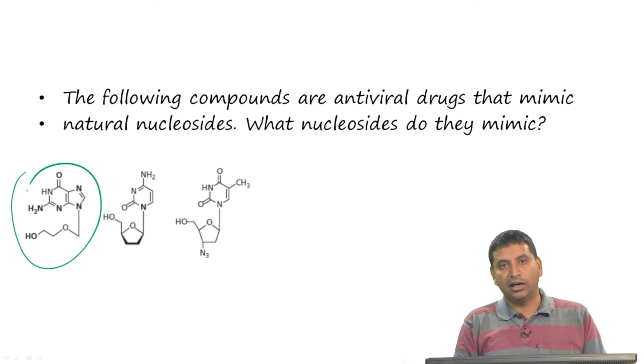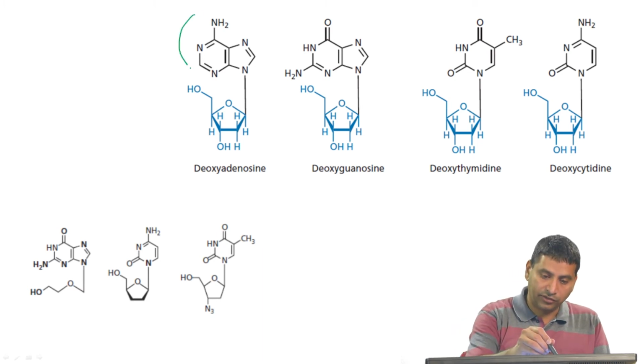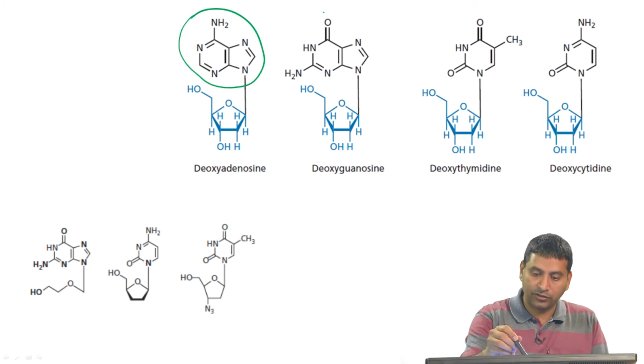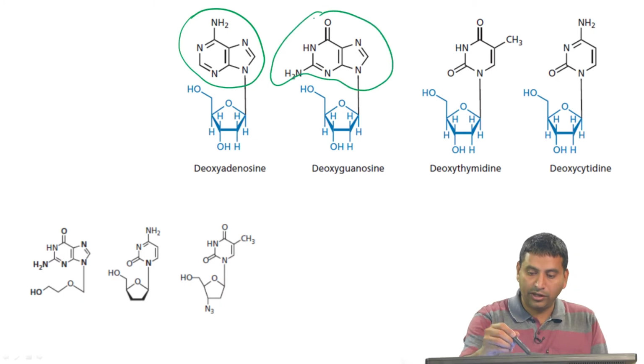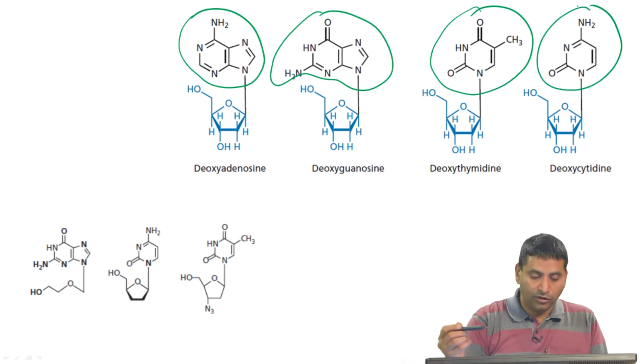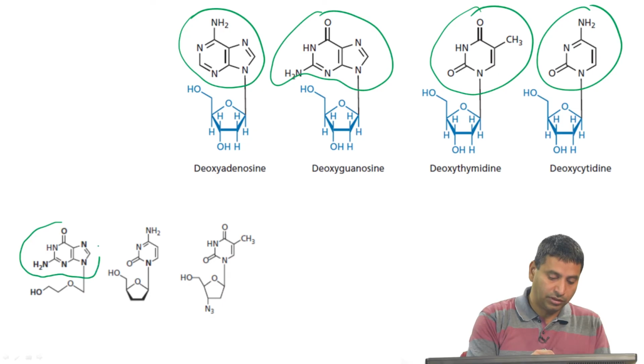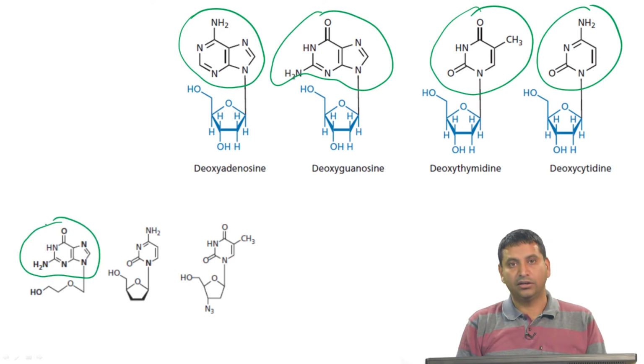So, in order to answer this question, let us first draw out the natural nucleosides that are present, and so we see here that this is the structure of adenine, this is the structure of guanine, this is the structure of thymine, and this is the structure of cytidine. So, let us start with the first example. So, here this compound to me looks like guanine.